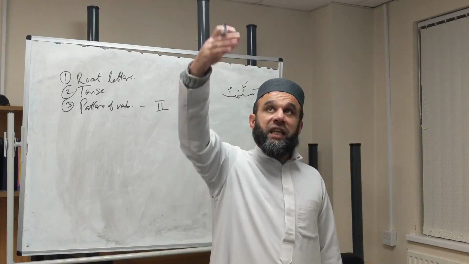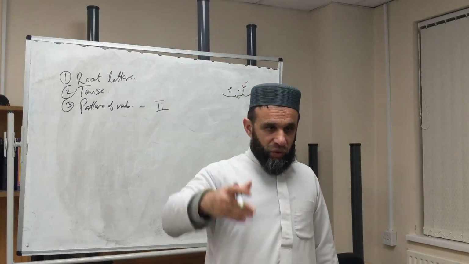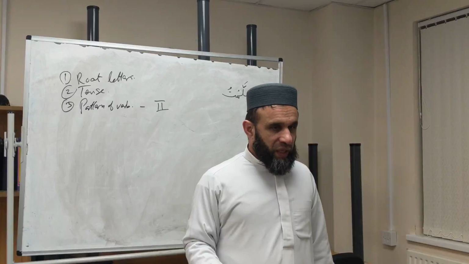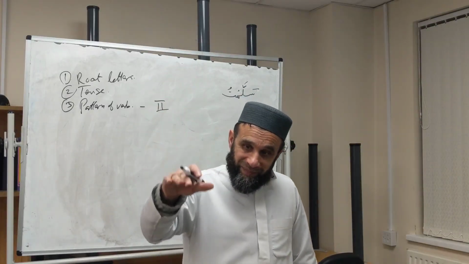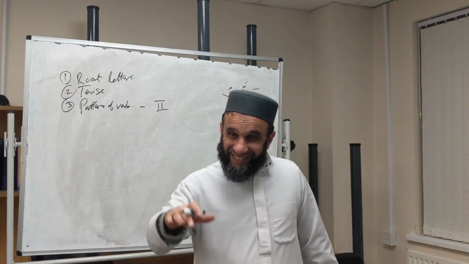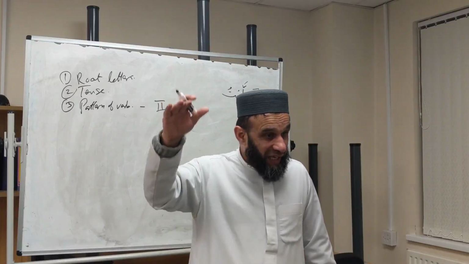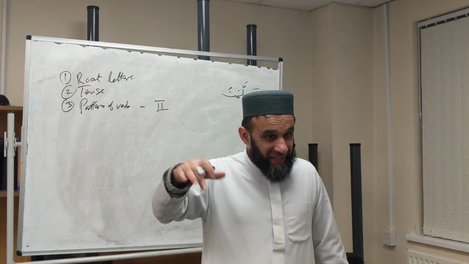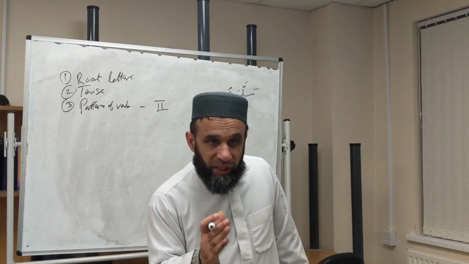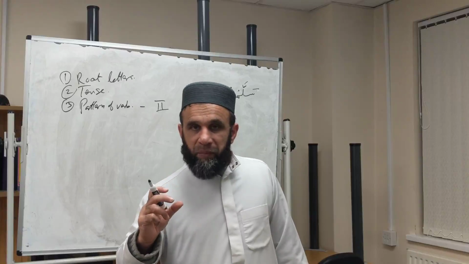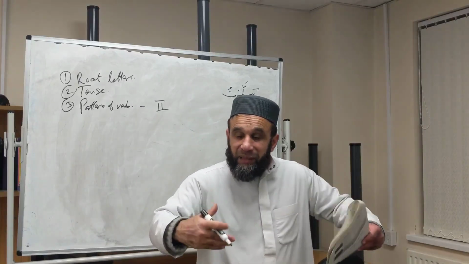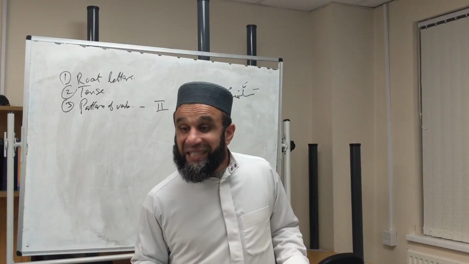For example, nazala means to send down. But when you say nazzala, it means coming down slowly. Extra meaning. Nazzala al-Qur'ana ala abdihi. This is the extra patterns. When you put some extra letters in the root letters, then the extra meanings will be achieved.